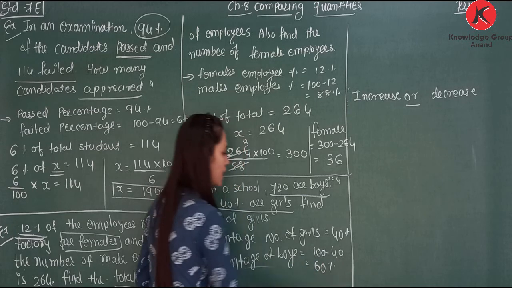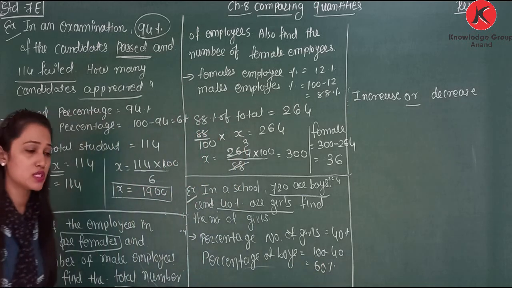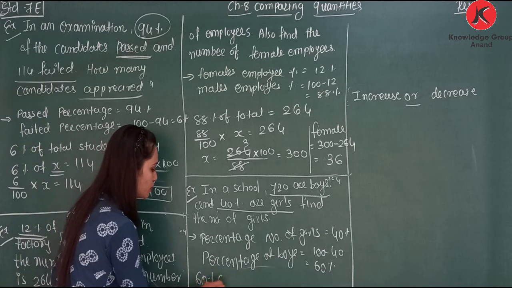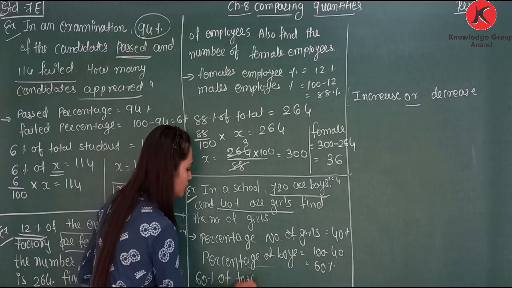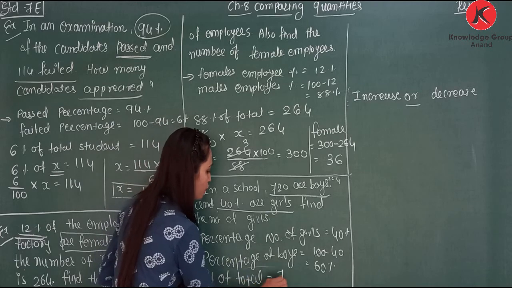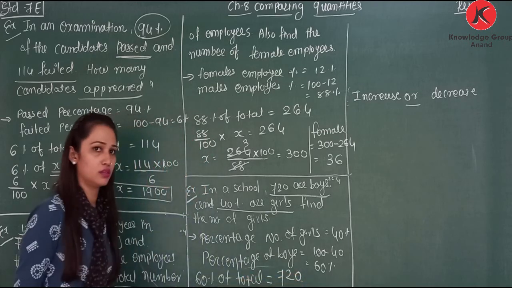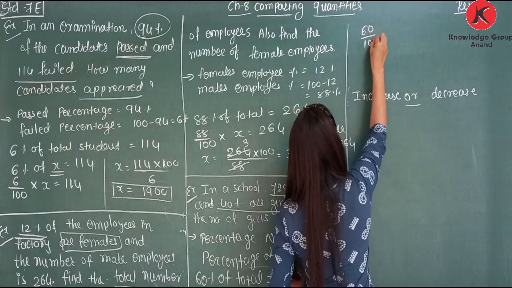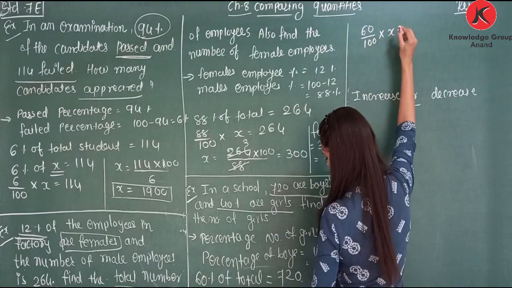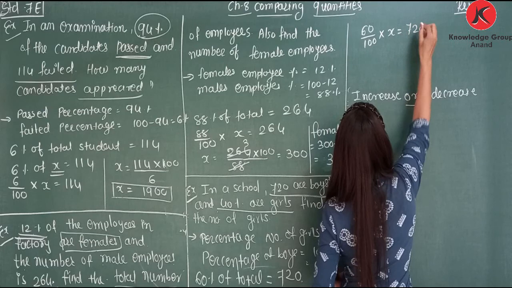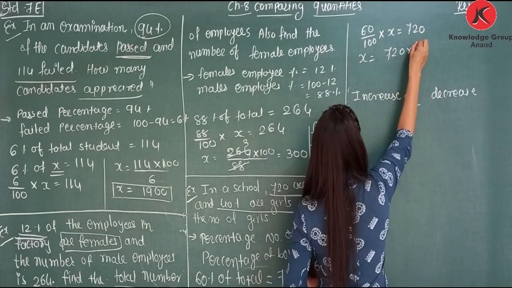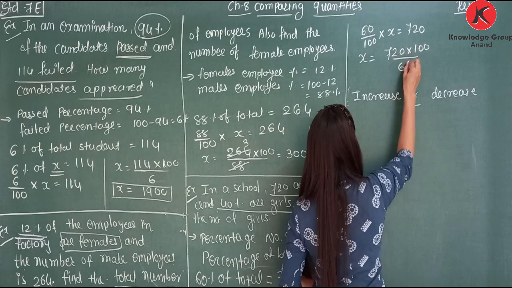It means 60% are boys. Means 60% of total will give the number of boys. We can write 60% of total students, that is the number of boys, 720. So we can write here 60 divided by 100 multiplied by total students is equal to 720. So we can find x by taking 100 in a multiply, 60 in a divide.